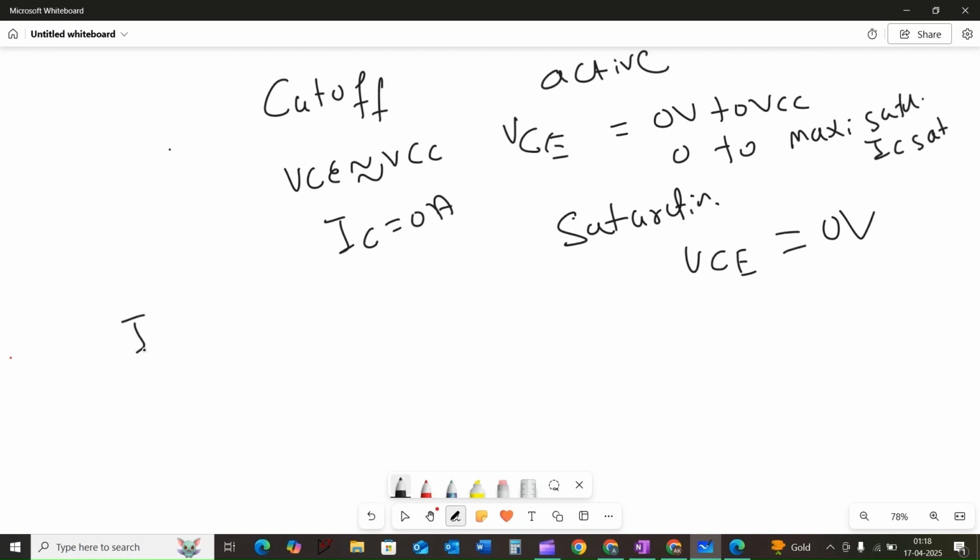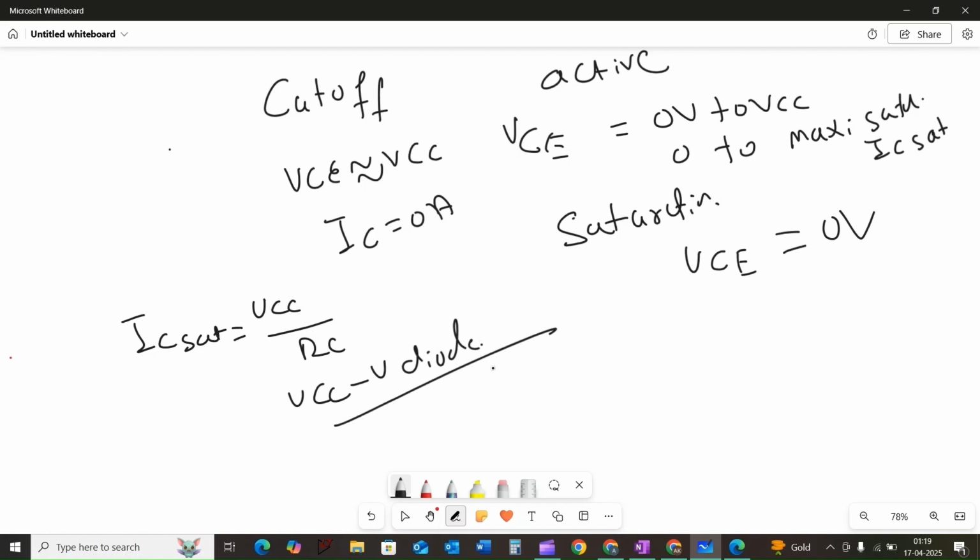That means the IC sat is approximately equal to VCC divided by RC if there is no RE, or VCC minus V diode divided by RC if LED present.